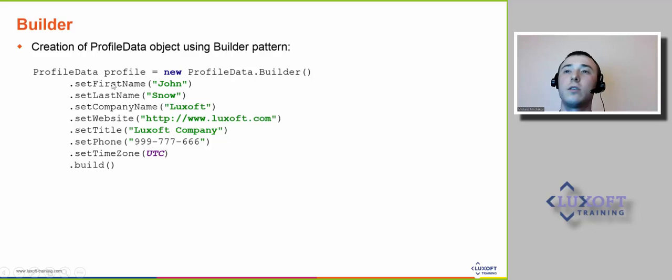Each setter method returns an instance of this builder class, so we can do it in one line. And after all mandatory and optional fields are initialized, we execute the build method that will return the fully built object of the profile data class.